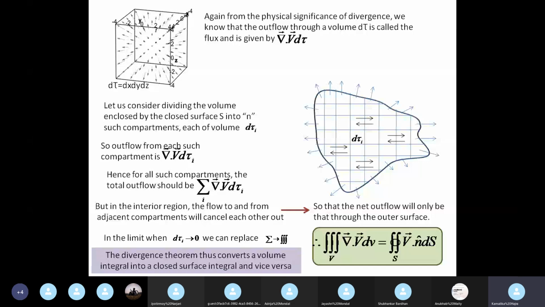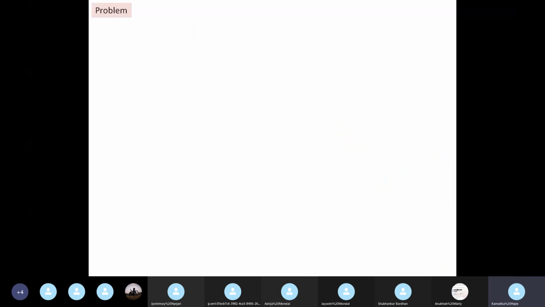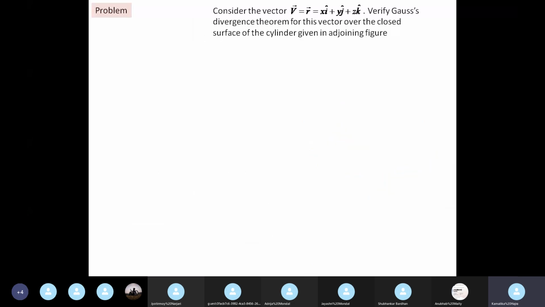So the divergence theorem basically therefore converts a volume integral into a closed surface integral and vice versa. And we'll see the utility of the divergence theorem very soon by doing a problem. Okay. So the problem is, consider a vector.